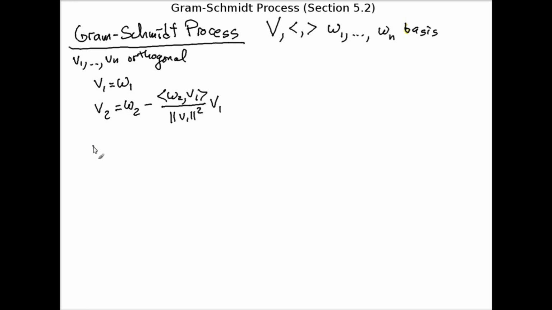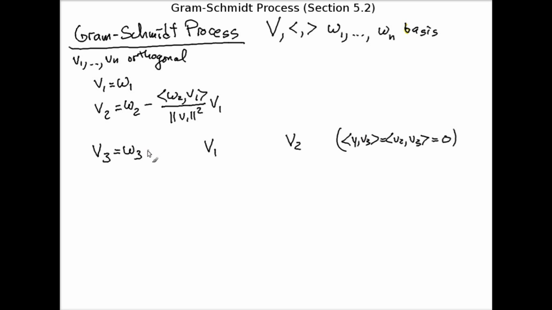And now what are we going to take for V3? Well, I want to take W3, and then I want to modify it by some multiple of V1 and some multiple of V2. And I want to choose that multiple so that V1, V3, and V2, V3 are both 0.